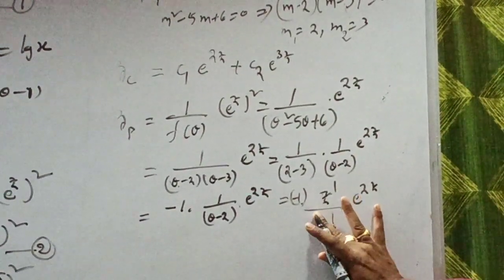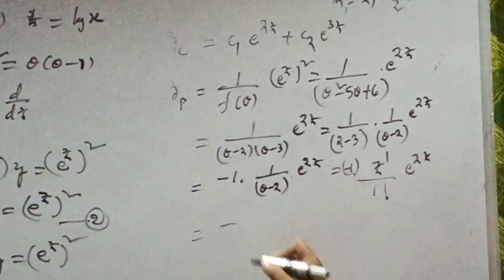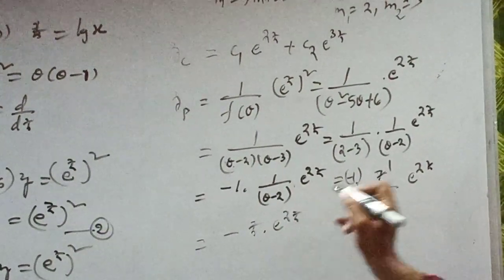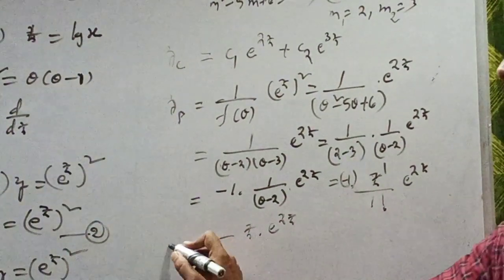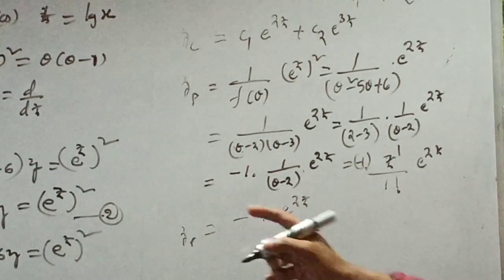K factorial here is 1 factorial, which equals 1. So it equals minus z into e to the power of 2z. This is yp.